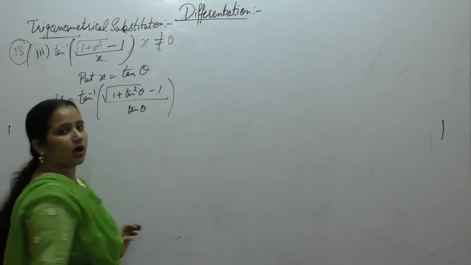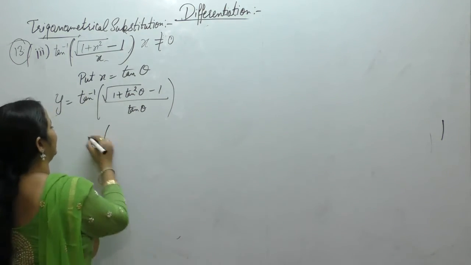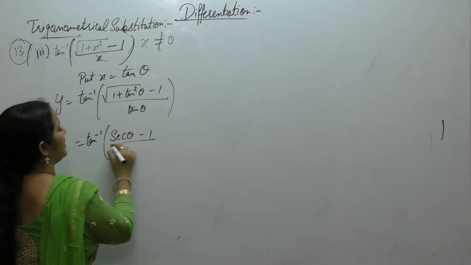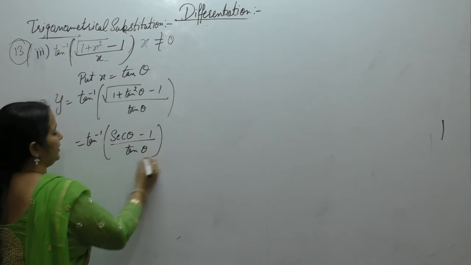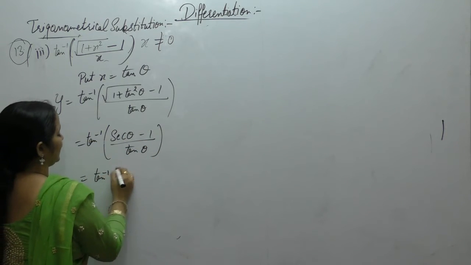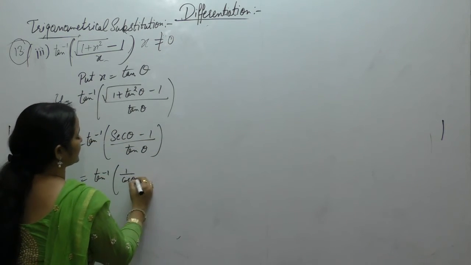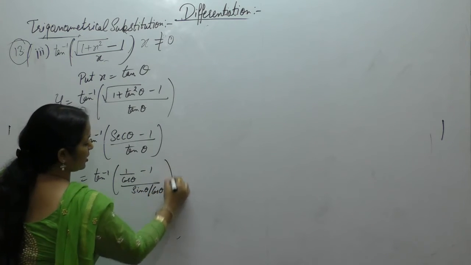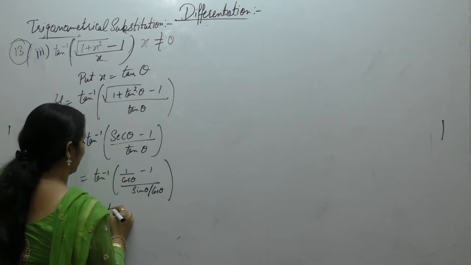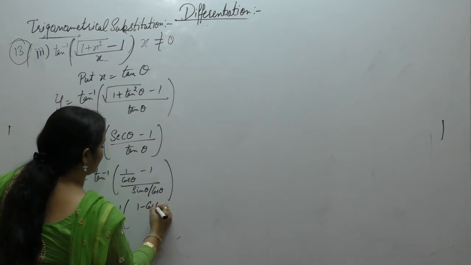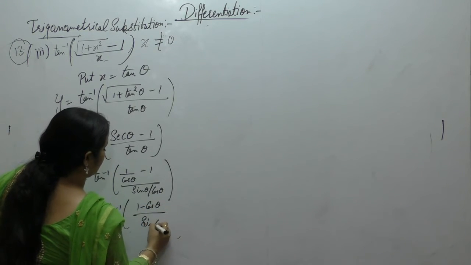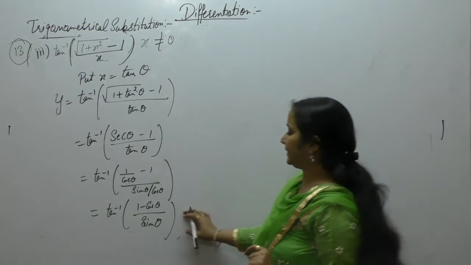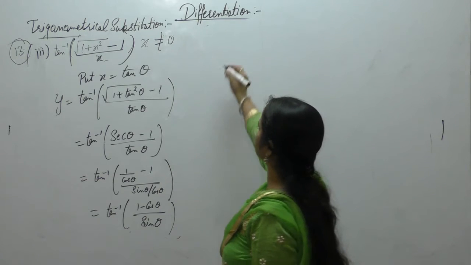So square root of sec square is sec theta. So y is equal to tan inverse of sec theta minus 1 upon tan theta. Put the value of sec as 1 upon cos theta, and tan is sin upon cos. We can write it as tan inverse of 1 minus cos theta upon sin theta.